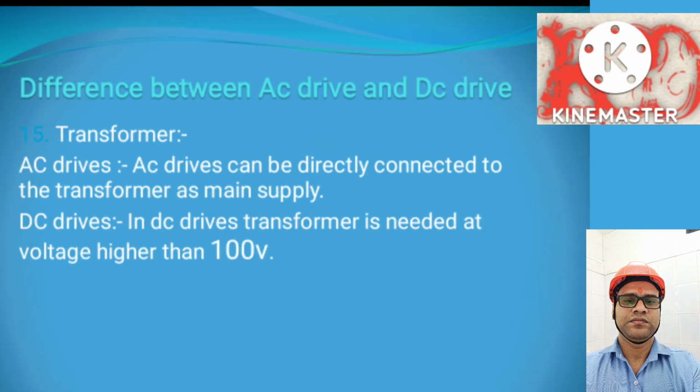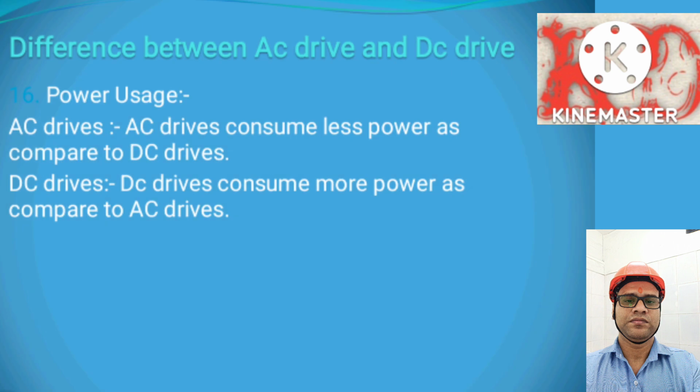Eighteenth, transformers. AC drives can be directly connected to the transformer mains supply, but in DC drives a transformer is needed at voltages higher than 100 volts. Nineteenth, power usage.